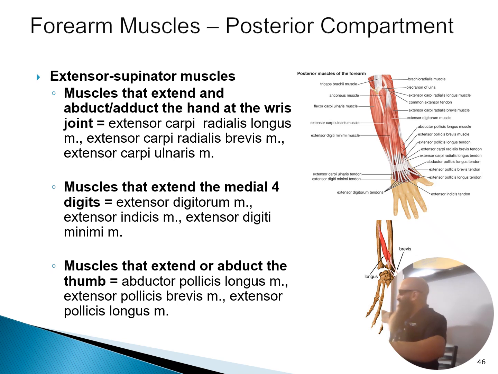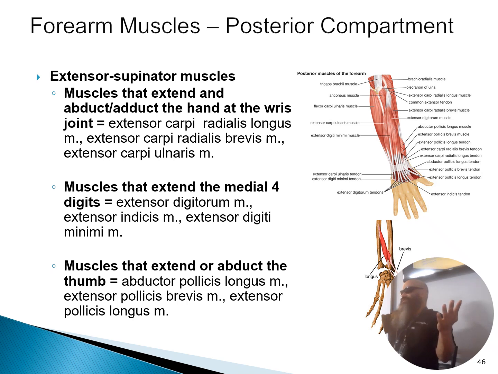Extensor removes that. Extensor indicis is your index finger, okay? So he extends your index, and digiti minimi is your small finger, okay? So this is going to be easy to remember. This is extensor digiti minimi. It's extending the smallest finger. Extensor indicis, extending your index finger.